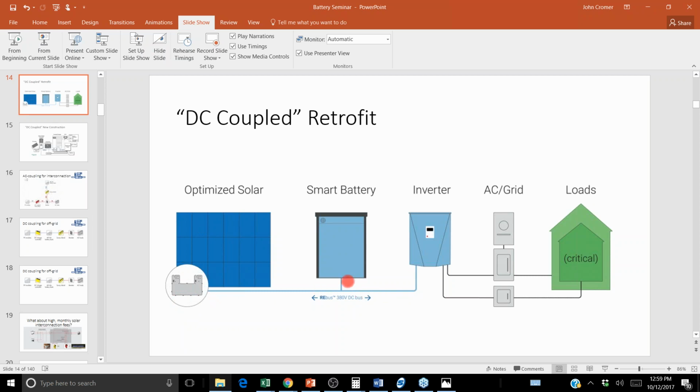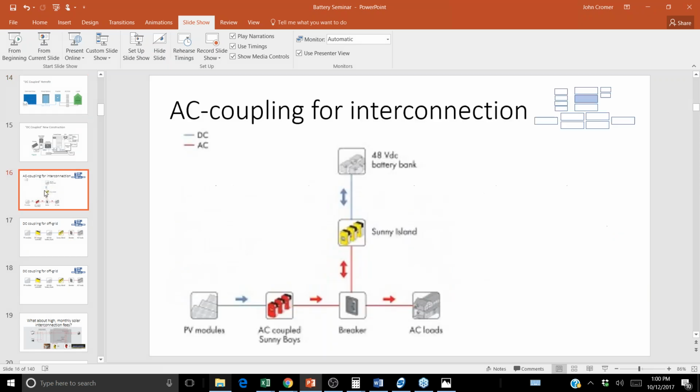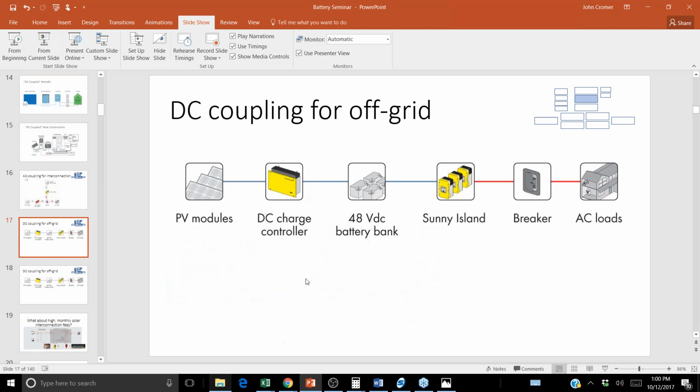So whether you're flowing your energy through the battery inverter into the battery, or straight from the array into the battery, the charge controller or the battery inverter accomplish the same thing. In an AC coupled system, you just get rid of the charge controller and have DC to AC inverters accomplishing all the tasks, whereas in a DC coupled system, you save a little bit of money up front by going with a DC charge controller system.